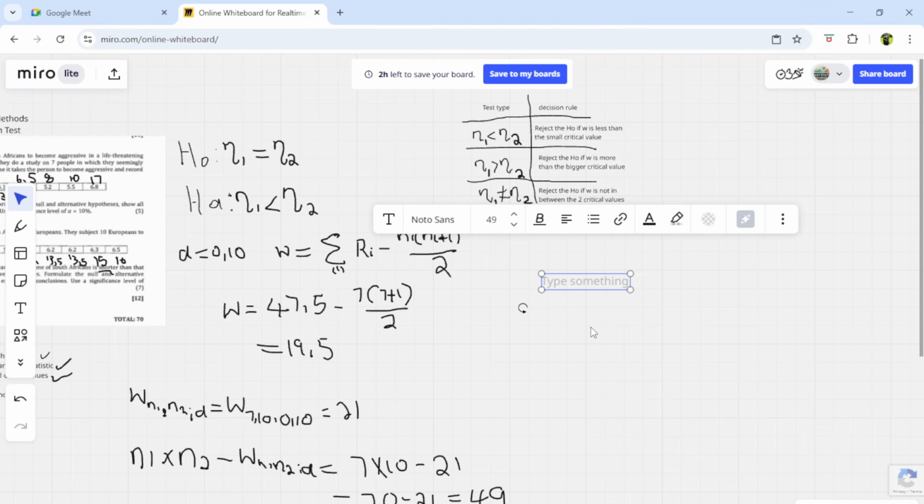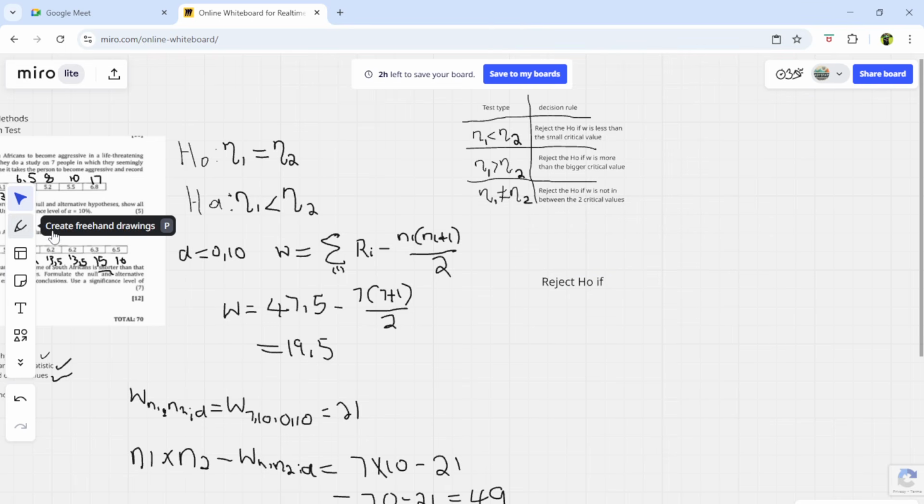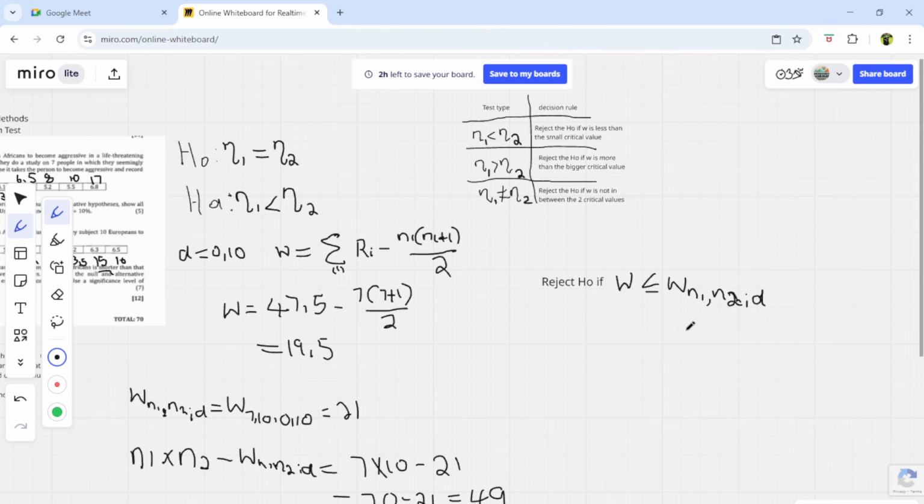We're going to say reject the null hypothesis if, in this case, W, which is our test statistic, is less than or equal to W of N1, N2, and alpha, because it's just left sided, so it's going to be one like this.